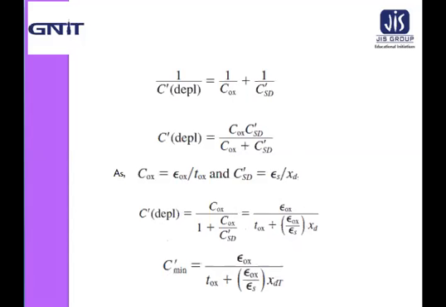Hence, when the maximum depletion width is reached, at that condition there is zero inversion charge density. For that condition, that will give a minimum capacitance, represented as C prime min equal to epsilon OX by TOX plus epsilon OX by epsilon S into XdT, T for threshold condition.